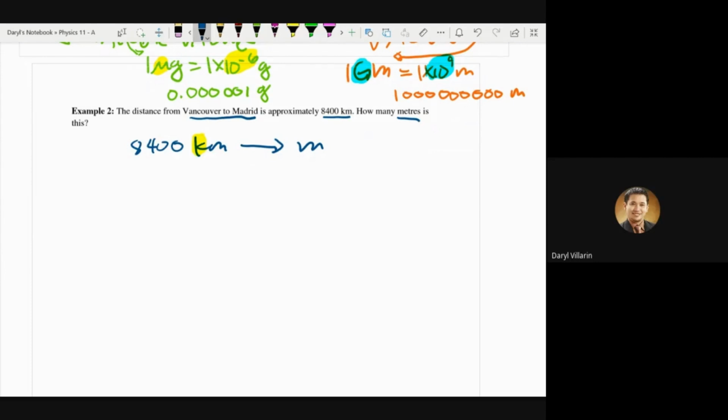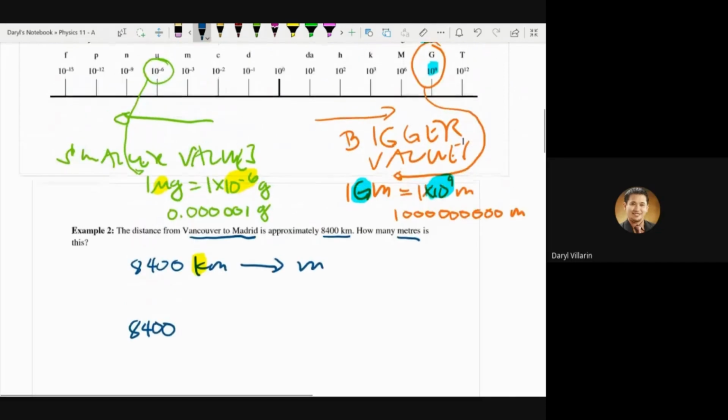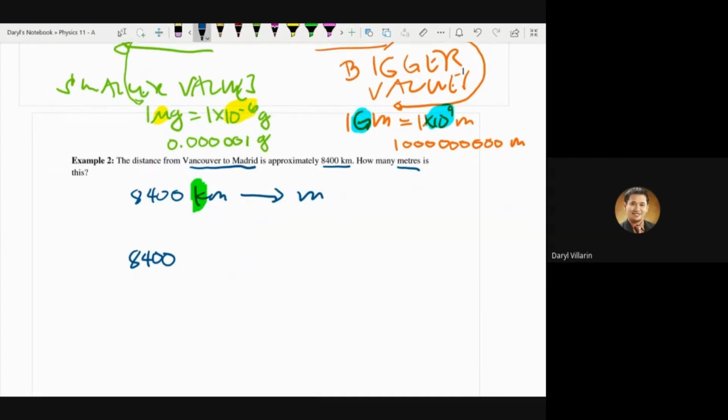So therefore, I can write that down as 8,400. And then I'm going to replace my kilo with the multiplier. The multiplier of kilo is 10 to the power of 3. So I'll replace that with times 10 to the power of 3.